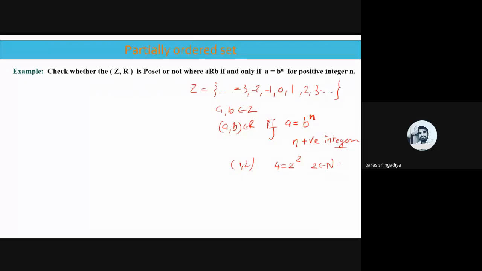So (4, 2) belongs to R. Clear? Then you can also consider (9, 3). There are lots of possibilities. So these pairs are included in the relation, and we will check whether it is a partially ordered set or not, meaning we check whether it satisfies the reflexive, antisymmetric, and transitive conditions.